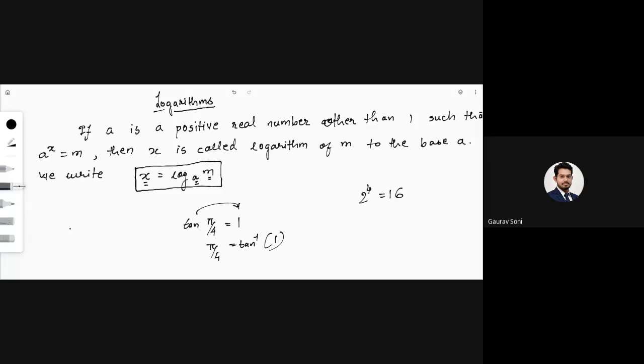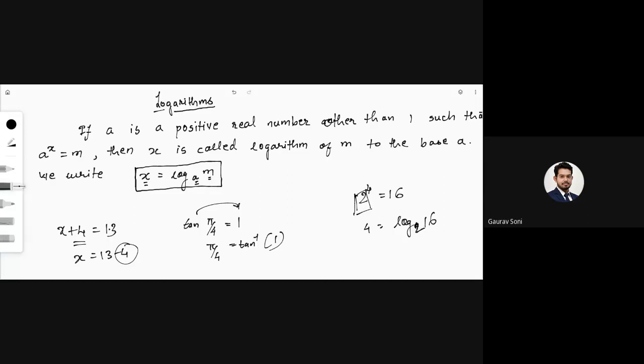The same thing if you have x plus 4 is equal to 13. So this plus 4 on the other side becomes 13 minus 4. So plus becomes minus on the other side. In a similar manner, when you have 2 raised to 4 is 16, this base 2 goes on the other side and it becomes log to the base 2 of 16. So this is the complete idea of logarithm.